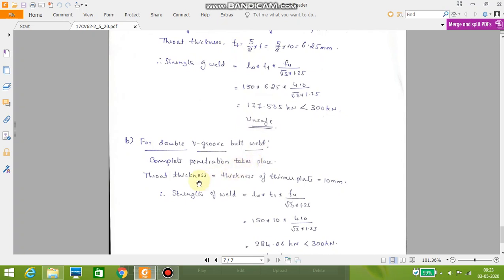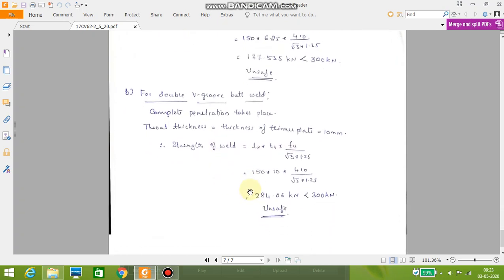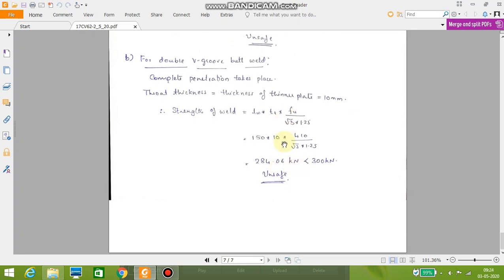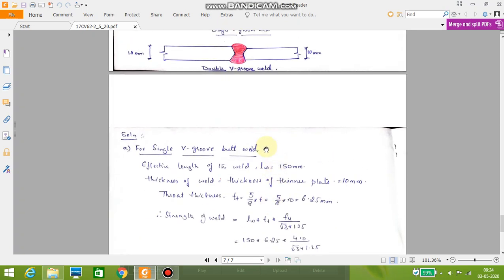Therefore, throat thickness equal to thickness of thinner plate works out to be 10 mm. You calculate the strength of the weld using the formula LW TT Fu by root 3 into gamma MW. Upon substitution, we get 284.06 kilonewton, which is again less than 300 kilonewton. Again, the double V groove butt weld is also unsafe to take up the applied load of 300 kilonewton.